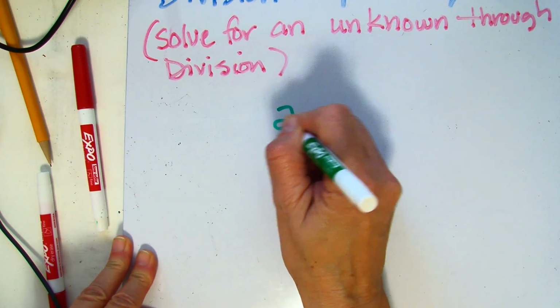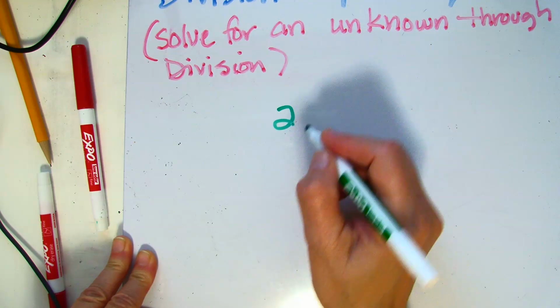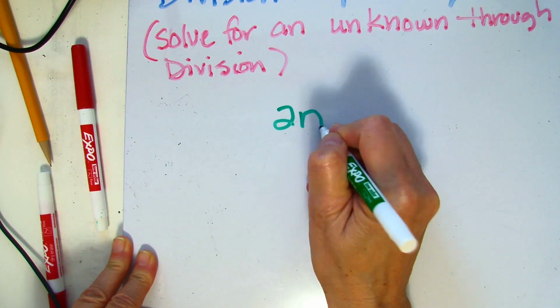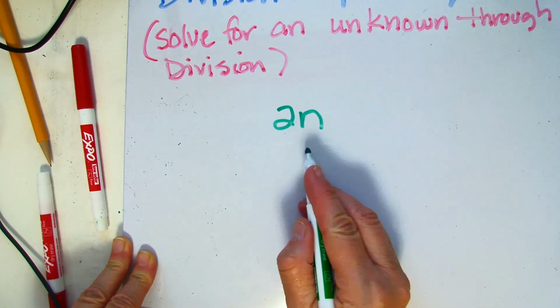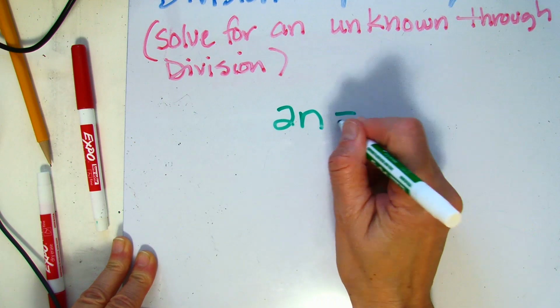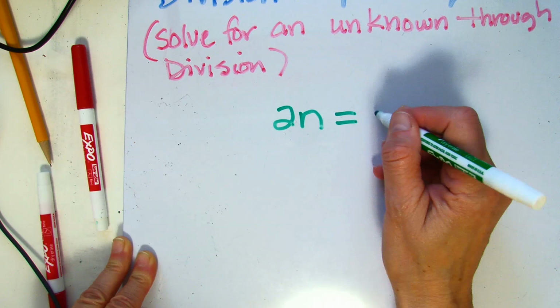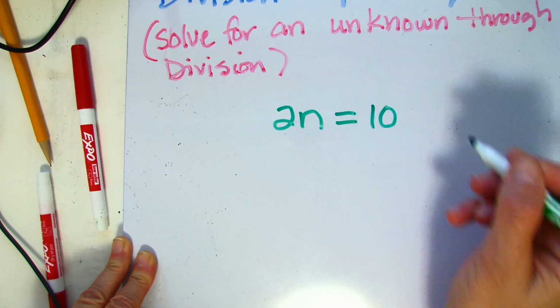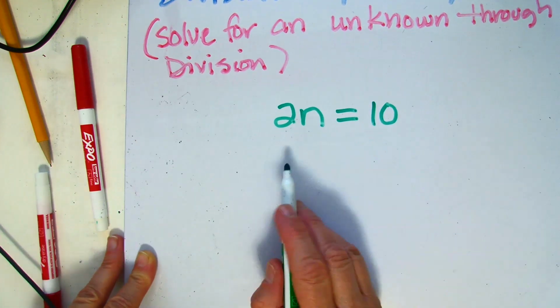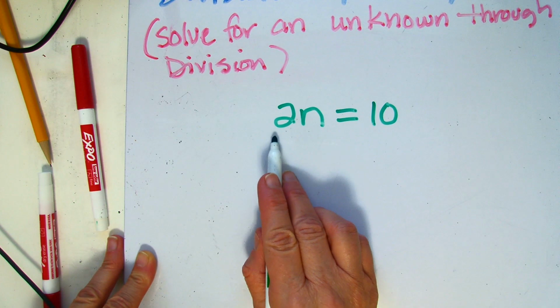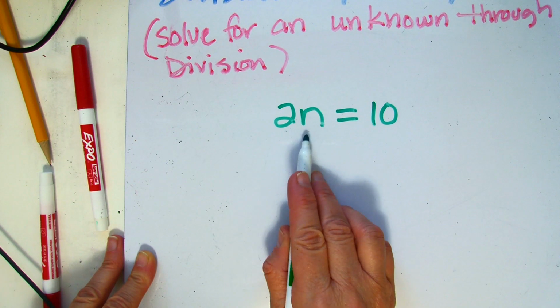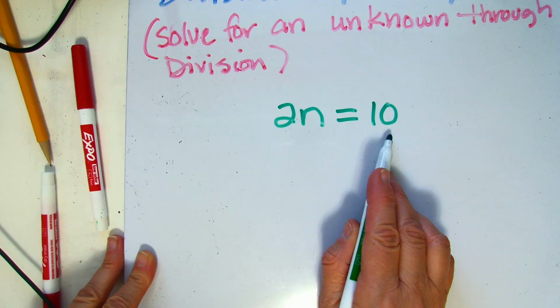These types of problems are going to have a number multiplied to a variable, which we're going to call n. And on the other side of the equal sign is going to be an amount, say 10. Now, how we would interpret this is 2 times a number equals 10.